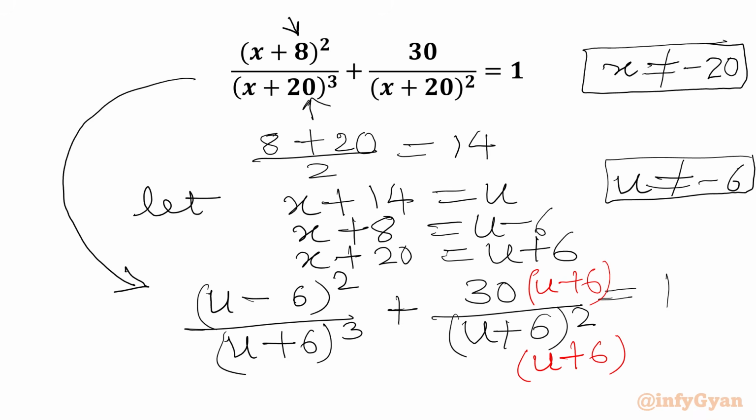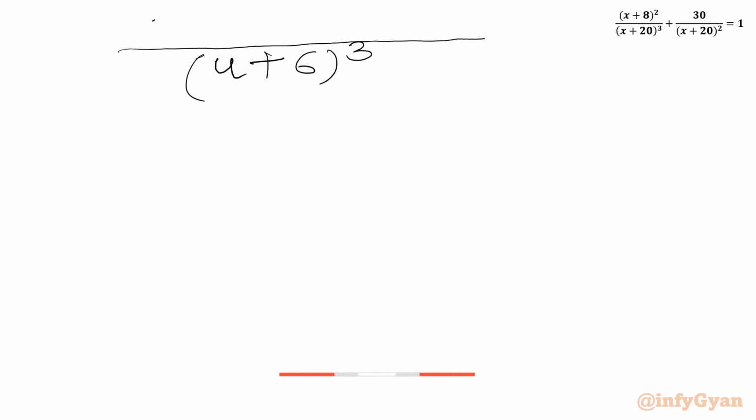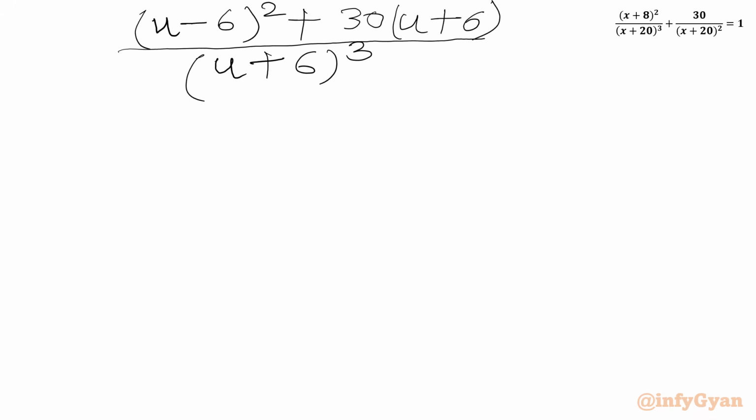Now we will write our equation with our common denominator u plus 6 whole cube. So I can write u plus 6 whole cube common denominator. In numerator we will write u minus 6 whole square plus 30 times u plus 6. RHS is 1.